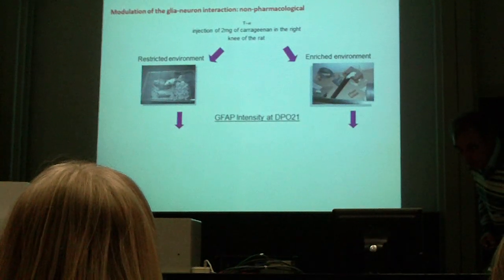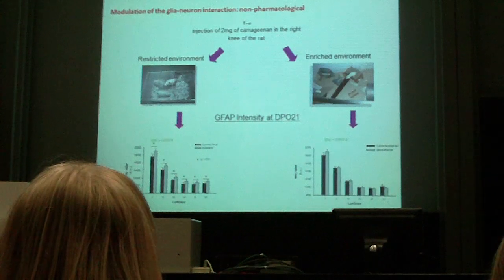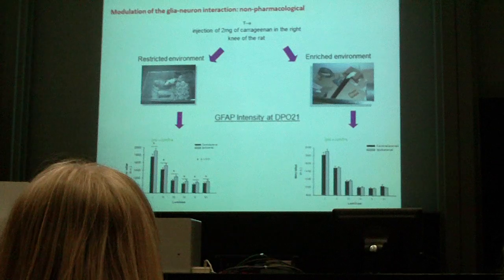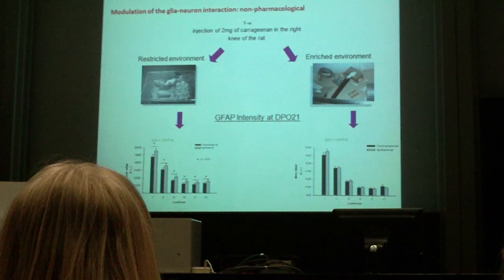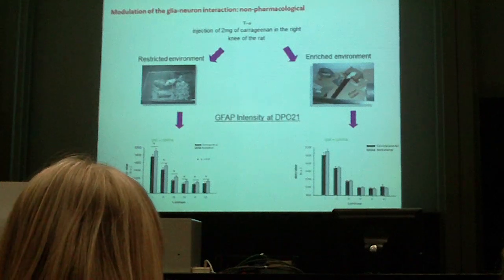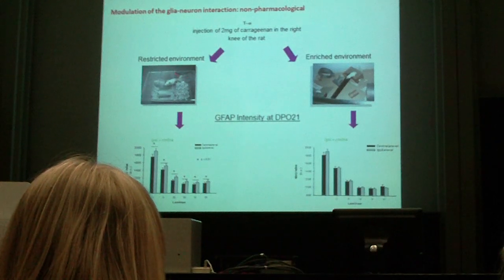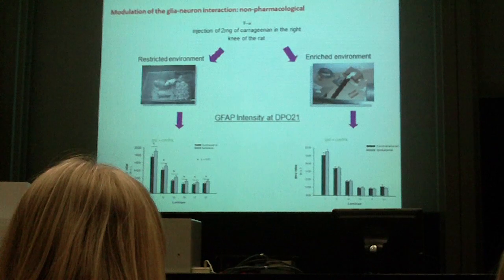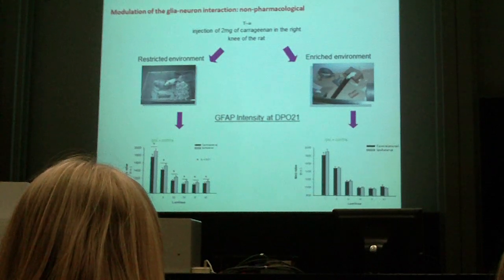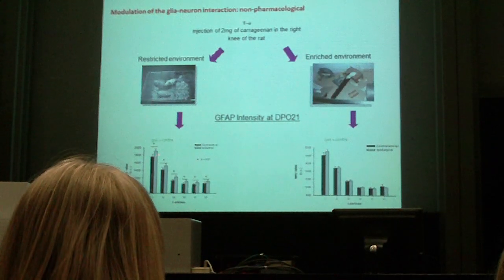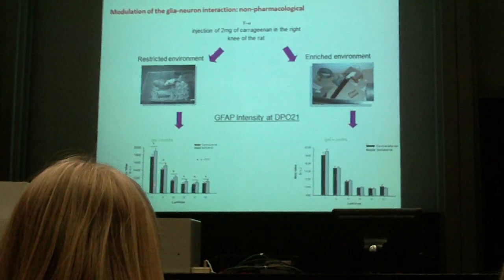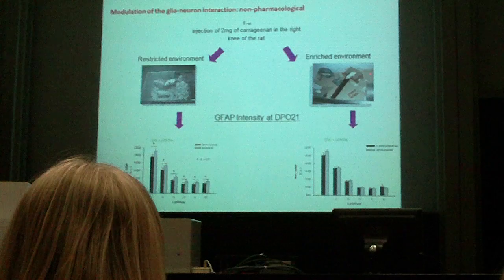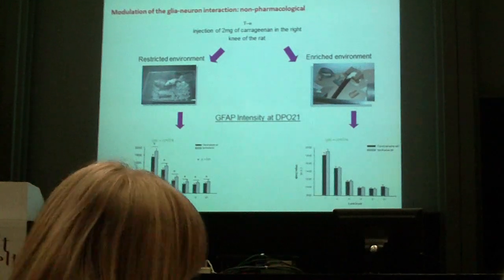So again, the housing, and here you see the effect on the glial cells, the intensity of the glial cell as a measure of how swollen these glial cells are. You can see in the restricted environment, the ipsilateral side is still much higher after 3 weeks than the contralateral side for the various laminae. Whereas in the enriched environment, we don't see this difference anymore.